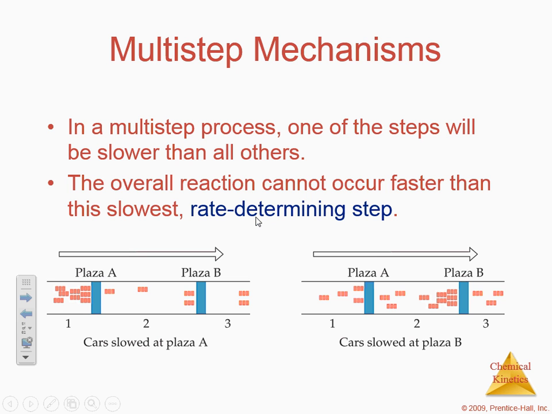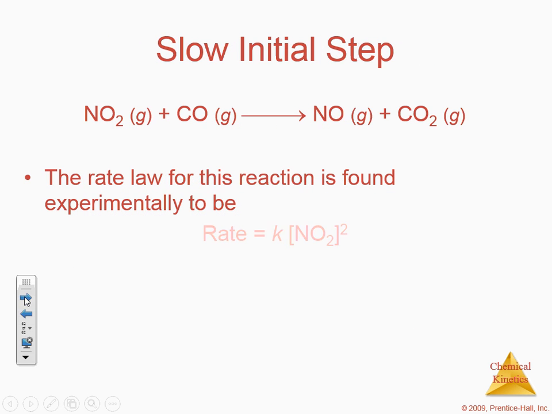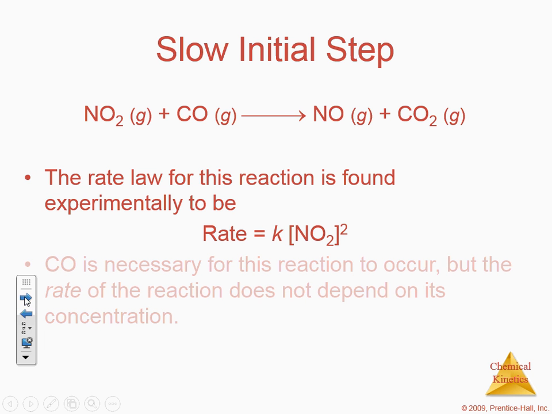Think of it as cars in traffic. You have 3 steps here. They can get slowed in step 1, they can get slowed in step 2, but the reaction cannot go faster than the slowest reaction. This is called the rate determining step. The slowest reaction is going to determine the rate of all of the reactions. So here's a good example.